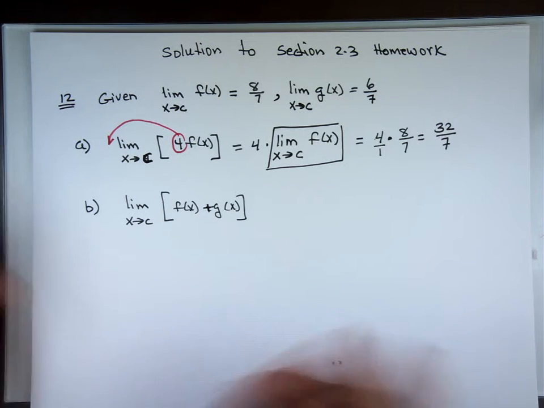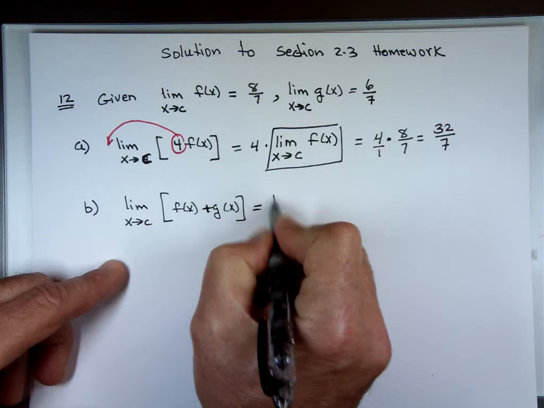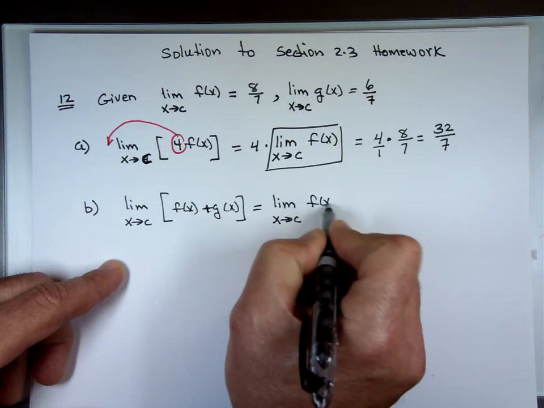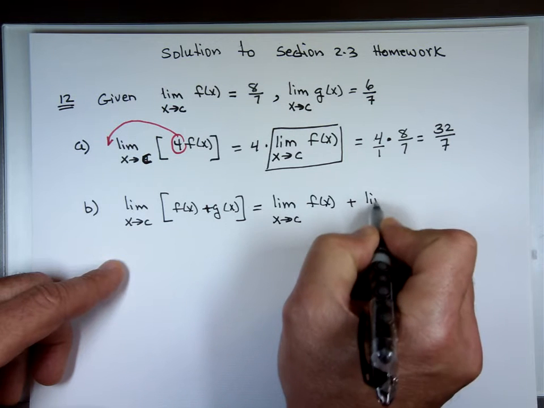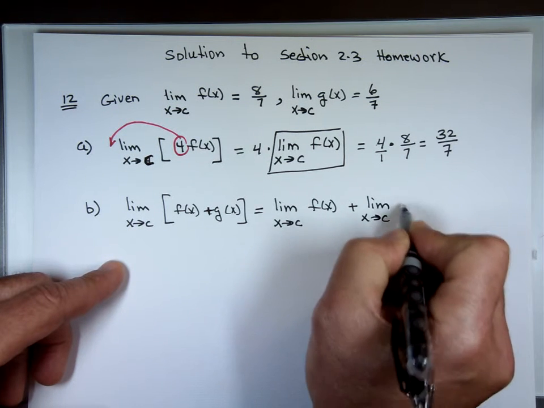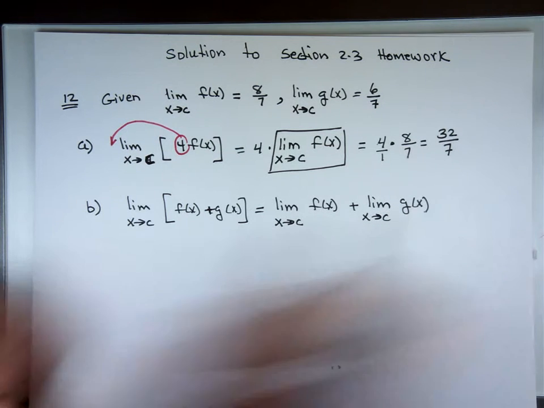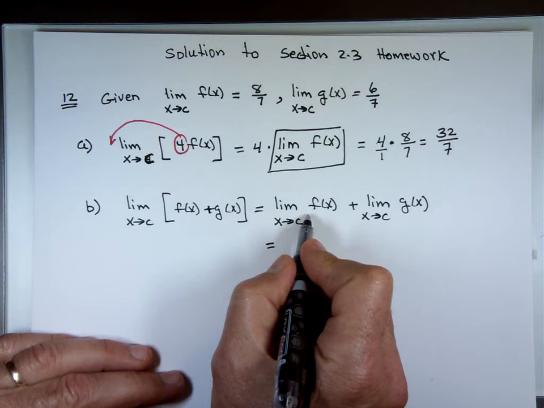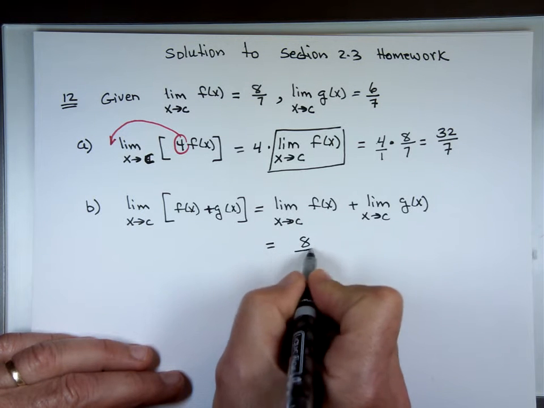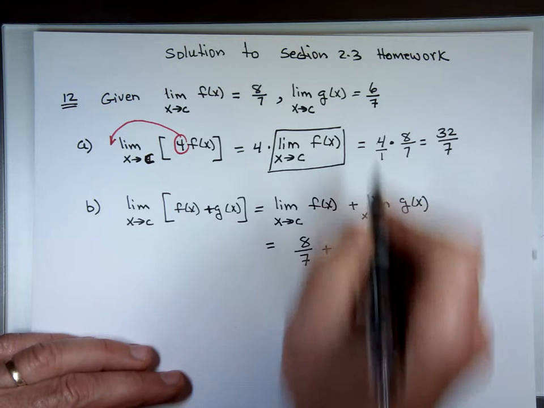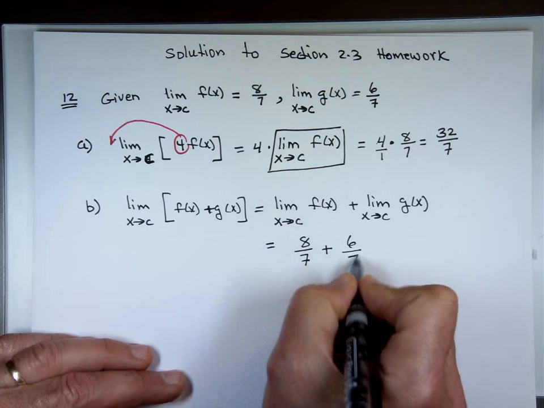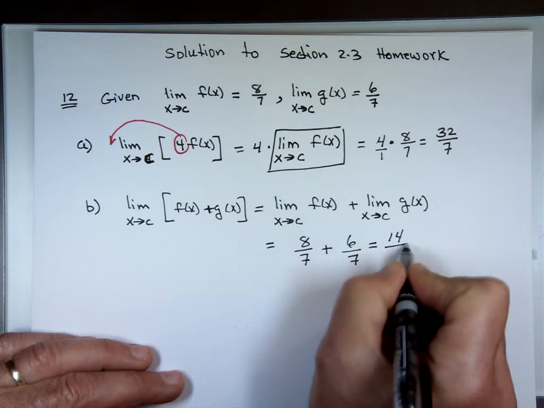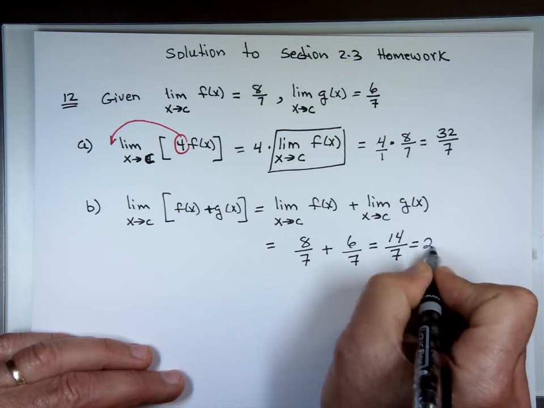Again, we have another rule that says if you have an addition, you can break it down into two separate pieces. Do we know the answer to each one? What's the answer to this? Isn't that 8 over 7? And what's the answer to the second one? 6 over 7. 8 plus 6 is what? 14 over 7, which is 2.